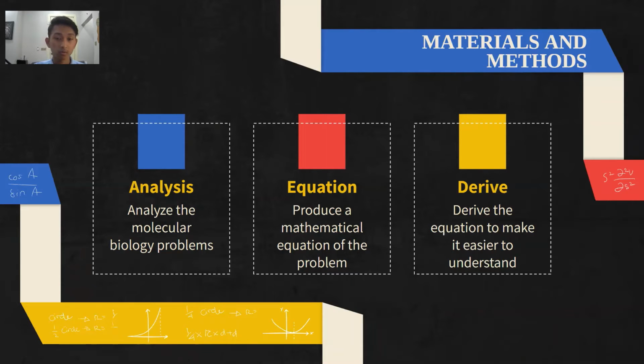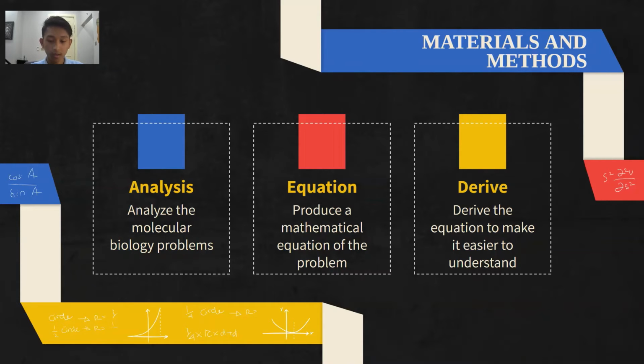To change it into a mathematical equation, it is important that the terms for the molecular biology names, such as protein, are expressed in terms of mathematical terms. Therefore, we can produce a mathematical equation from the molecular biology problems. After that, the equation can be derived and developed to turn it into an ordinary differential equation, which makes it easier to understand the molecular biology problem.